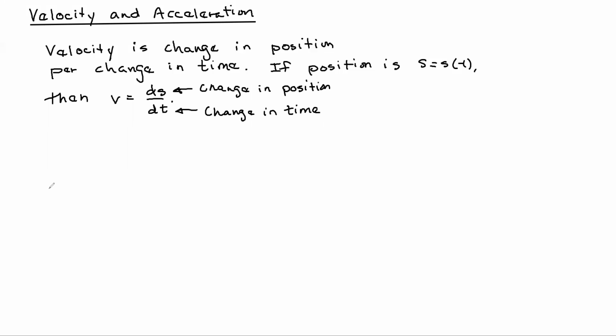Okay, so we can use our understanding from Calc 1 to define velocity in terms of vector functions. So to do that, let's say r of t defines the position of a particle.